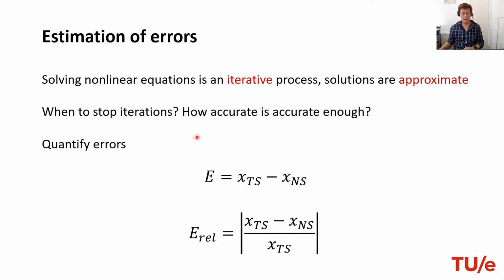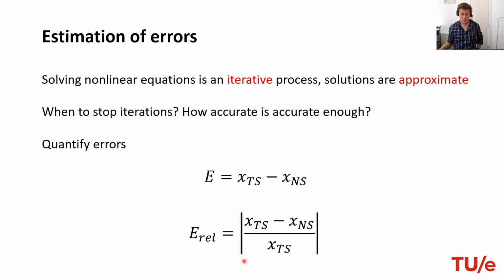And in chapter 1 we discussed two main ways of defining these errors: the total error, the difference in absolute terms of the true and the numerical solution, and the relative error.